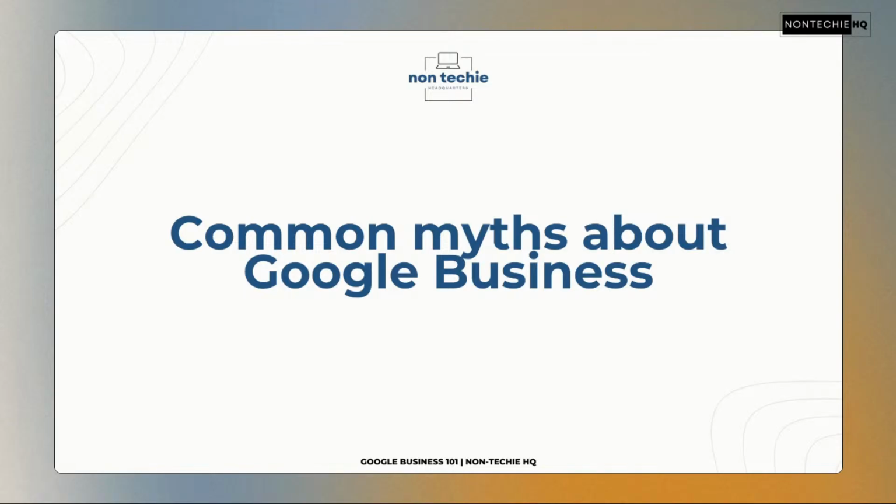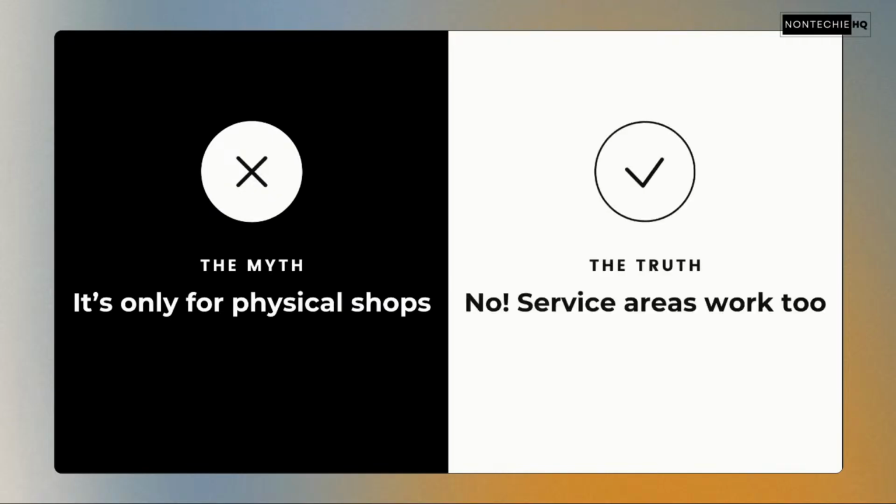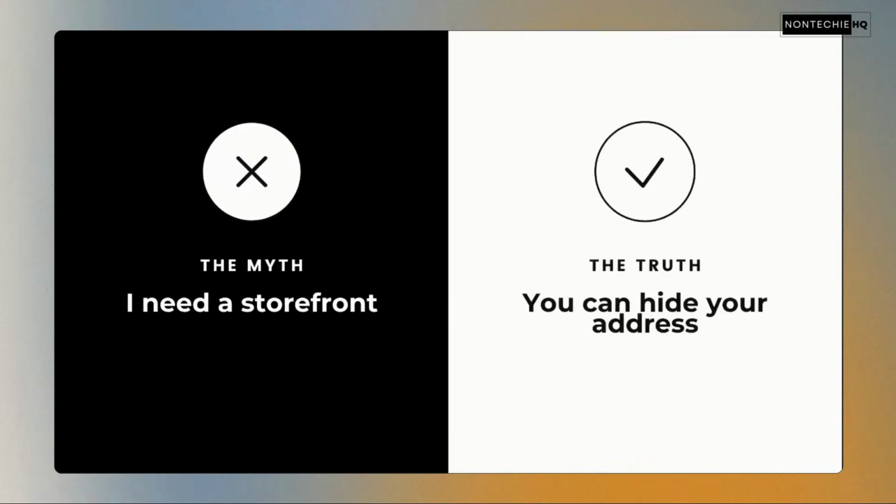So some of the things that I hear about Google Business is it's only for a physical shop. It was true. It is no longer true. You can do service areas and you can have almost like a virtual business to allow you to list your business without giving away that address. I need a storefront. You can hide your address. So you don't have to have a location to provide for Google to put in front of your potential clients to see.